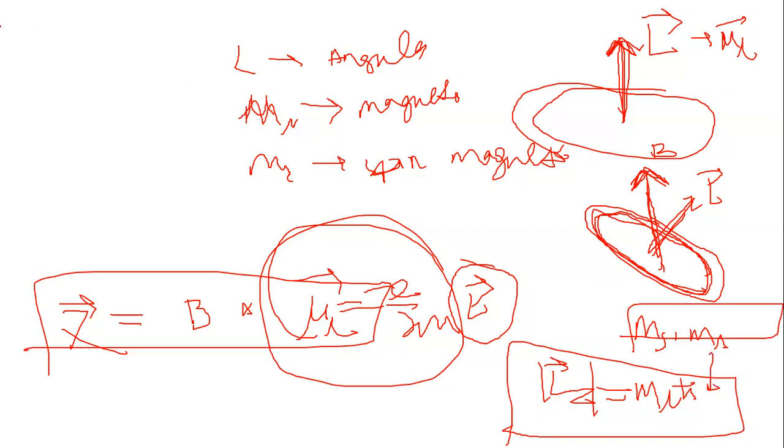You must have heard about Larmor precession. Have you heard about Larmor precession? In an external magnetic field, the plane of the orbit gets oriented.